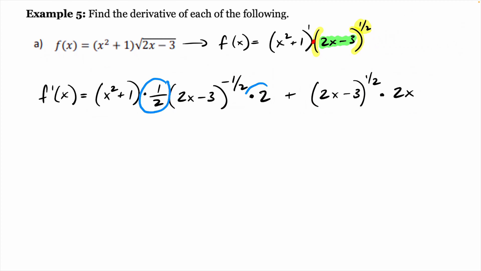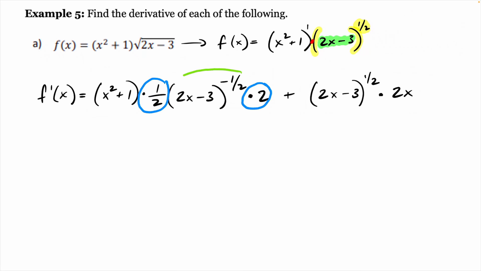That's a coefficient. That's a coefficient. When you multiply those, you get 1. Okay? And then I notice that this guy has a negative exponent. That means it needs to move to the bottom. So I'm going to have a numerator and a denominator here. Okay? So the blue times the blue is just positive 1.